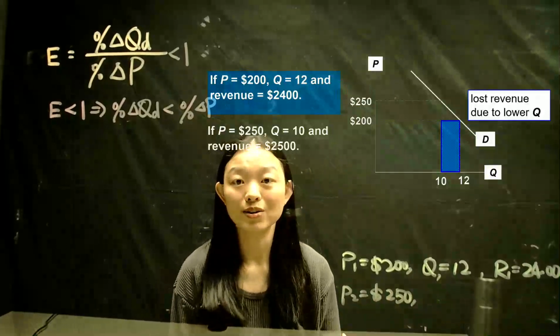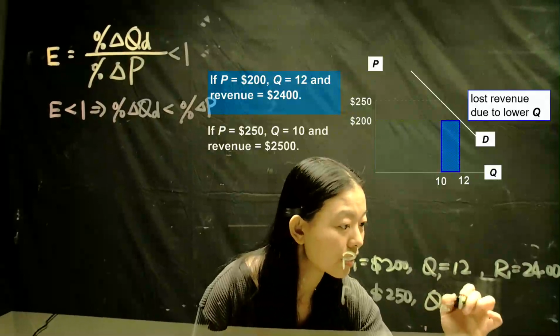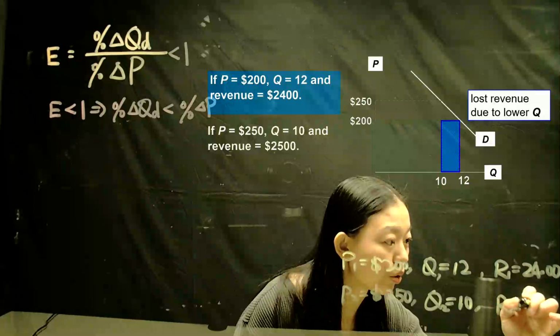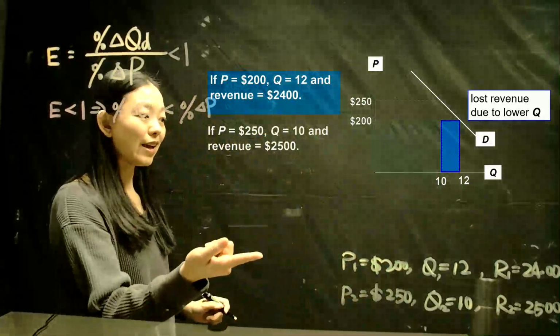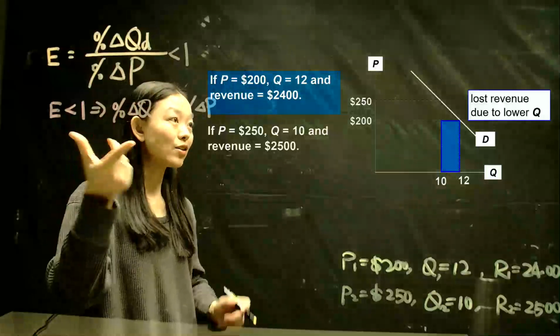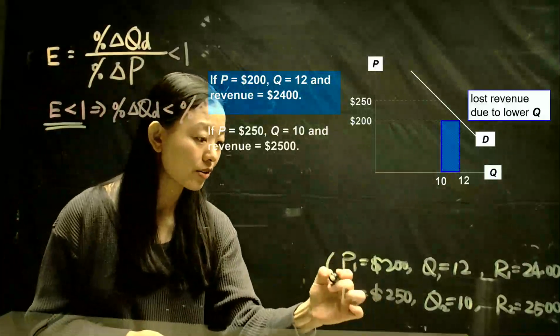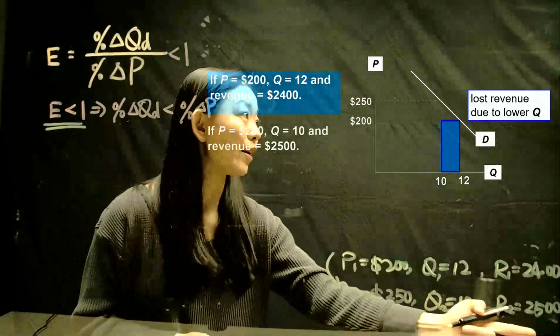As consumers are not sensitive to price change, you can still sell 10 units, which means now the total revenue will equal 2500. So you can see if consumers are not sensitive to price change, increasing the price is a good strategy for a higher revenue.